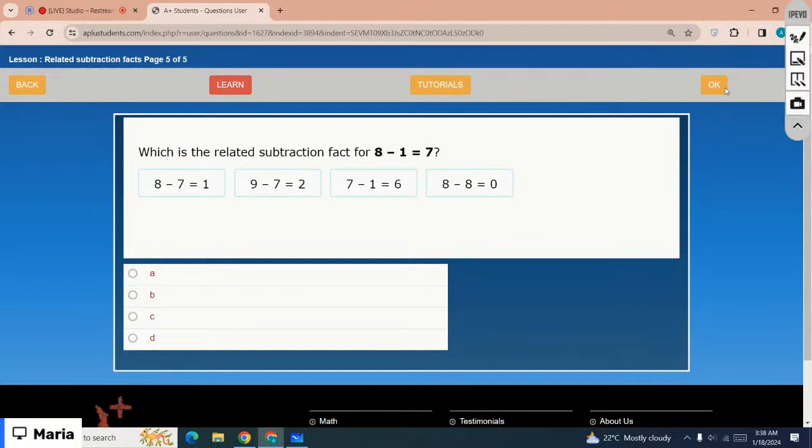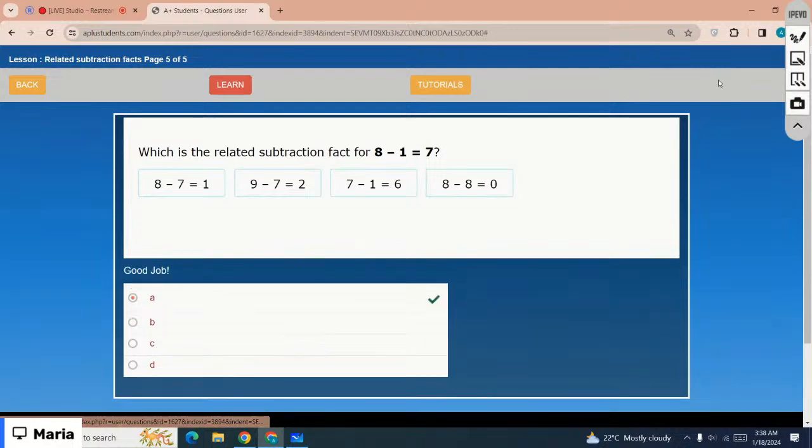So which is the correct option? Very good. The correct option is A, that is 8 take away 7 equals 1. That is the correct option.